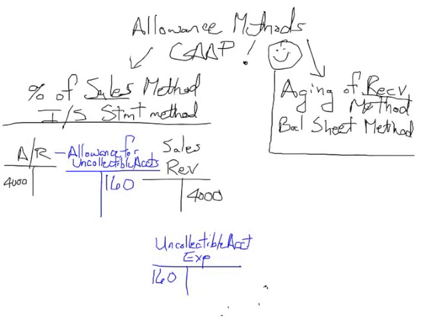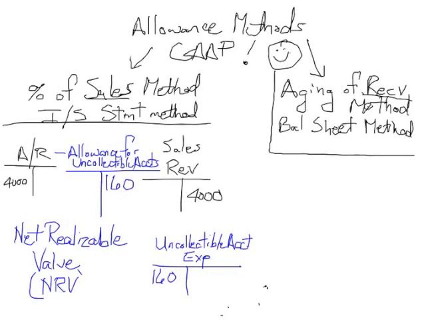Very interesting. What that gives us is called a net realizable value of those accounts receivable, NRV. The NRV of our accounts receivable is the net of $4,000 minus the $160 in the allowance.